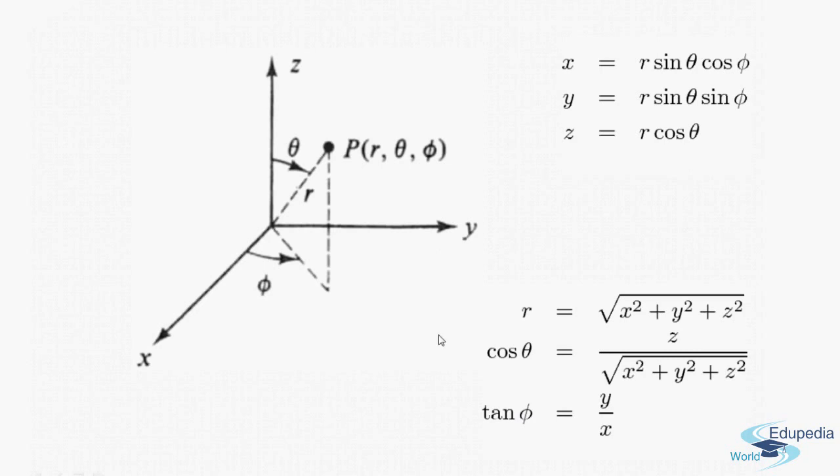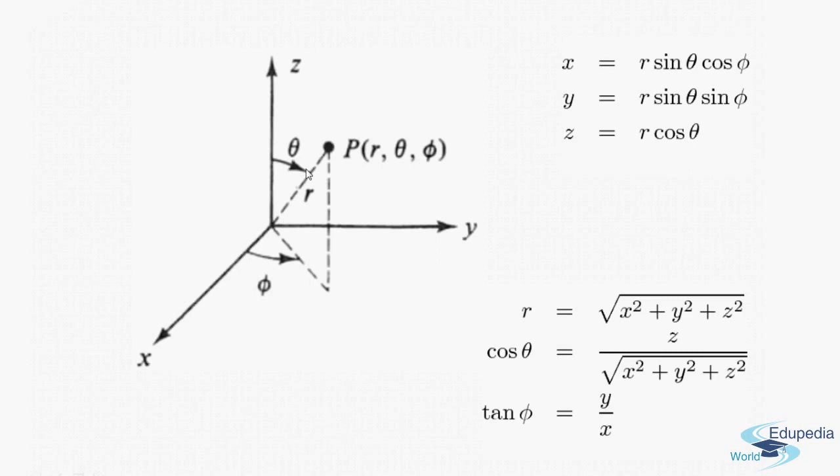So I'll repeat this once because this is important, and we'll be using spherical coordinates many times even in other courses. So x, y and z are the distances of the point from three mutually perpendicular axes, the x-axis, y-axis and z-axis. This is the Cartesian coordinate system. In the spherical coordinate system, the first variable is the distance from the origin, root of x squared plus y squared plus z squared.